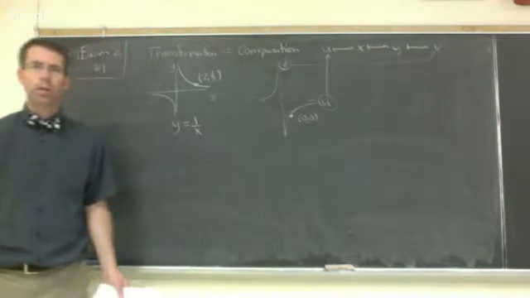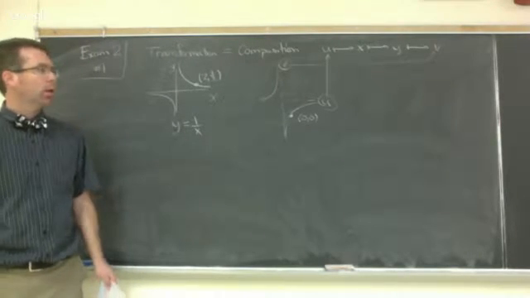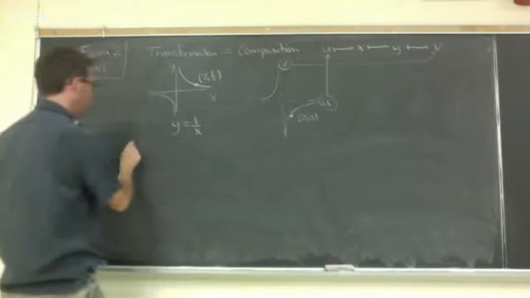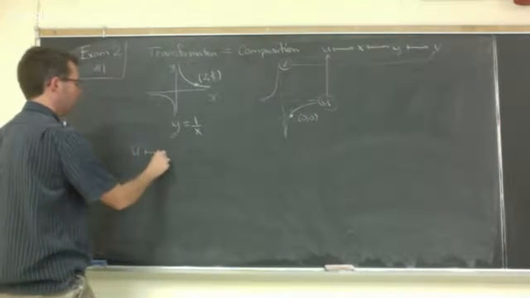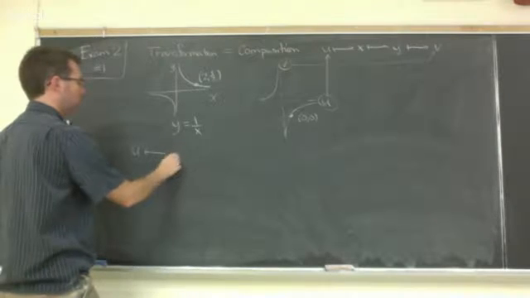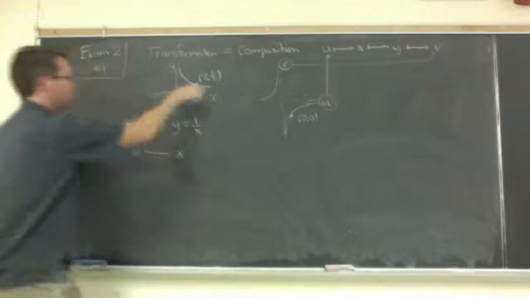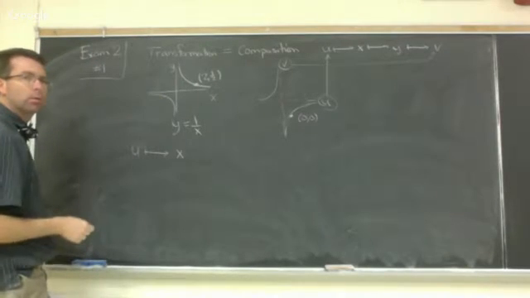So I'm looking for a composition like this. And what that means is I need to find a rule that says, what's the relationship going from my u values to my x values?